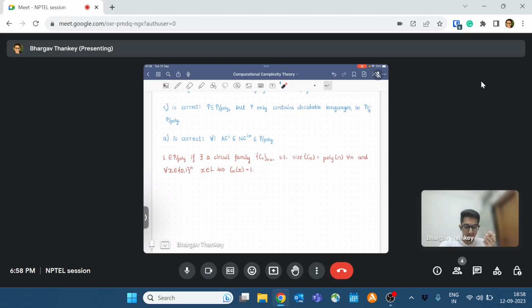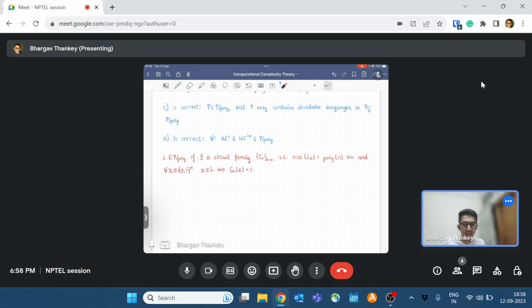Yes. So that's the definition of a decidable language. And over here, we have a circuit family which can decide the language. So from this circuit family, we should somehow be able to construct a Turing machine that decides U-halt, right?